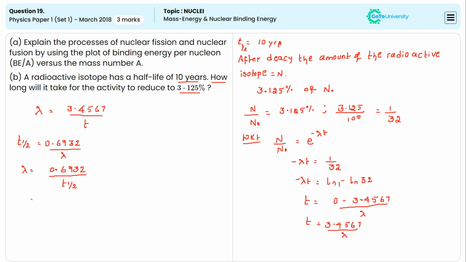Then it becomes t is equal to 3.4567 divided by 0.6932 times t half, that is 10 will come to the numerator, that becomes 10. Then if we simplify, the approximate answer becomes t is equal to 49.86. Then the approximate I will take is equal to 50 years. 50 years is required.